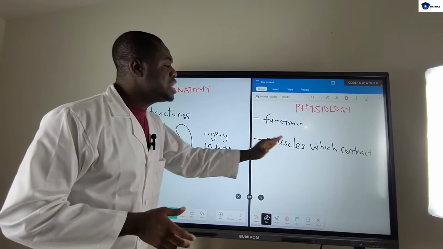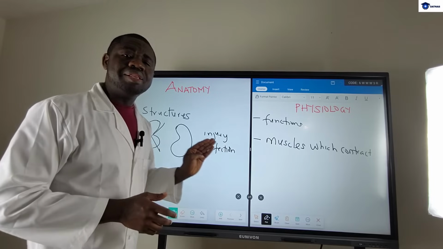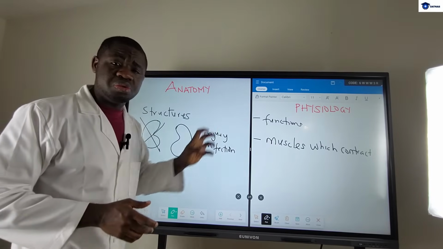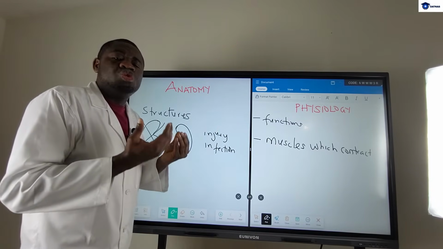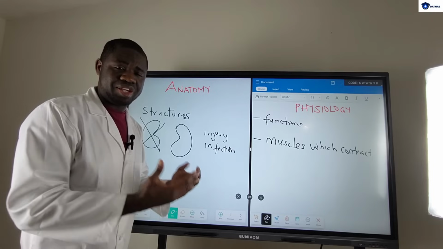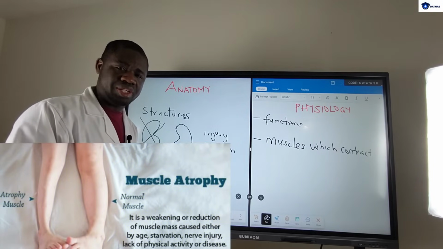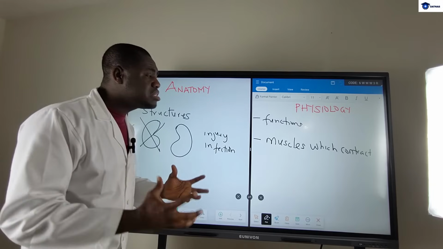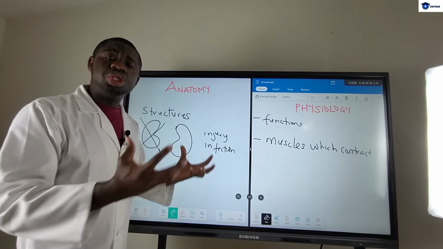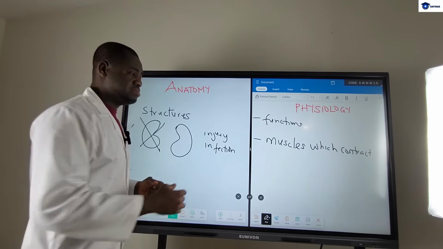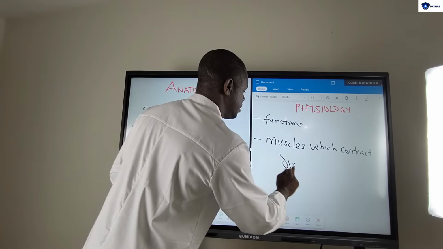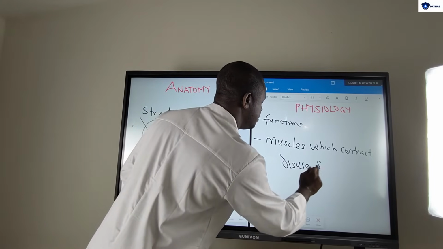You will begin to notice that the structures of that muscle will begin to reduce in size, will begin to diminish in size. We call that condition disuse syndrome.